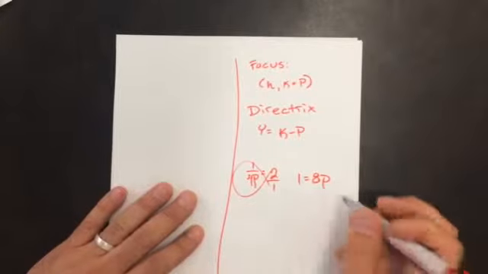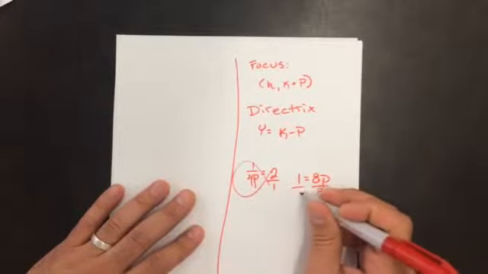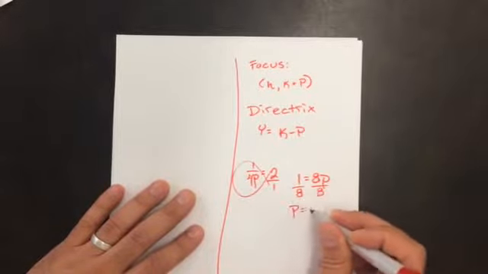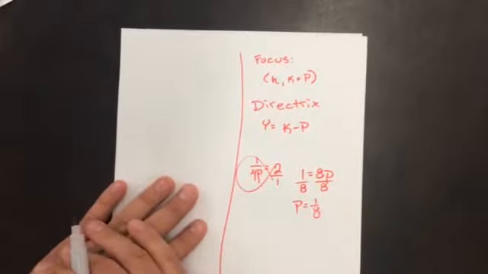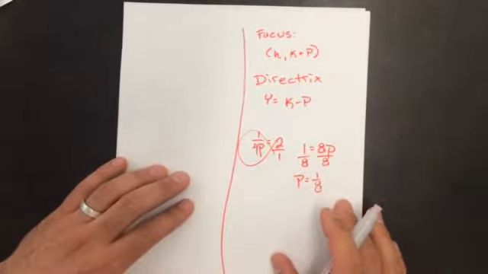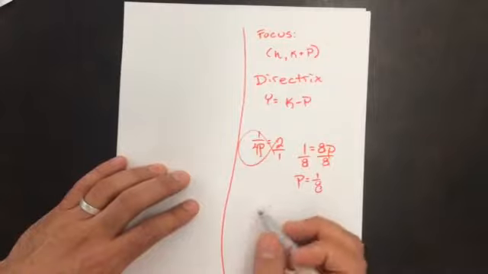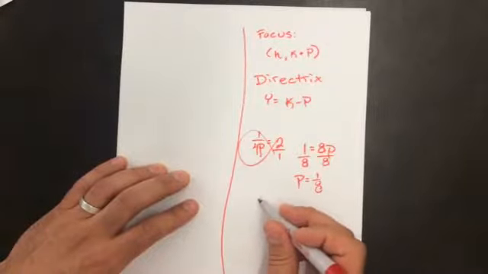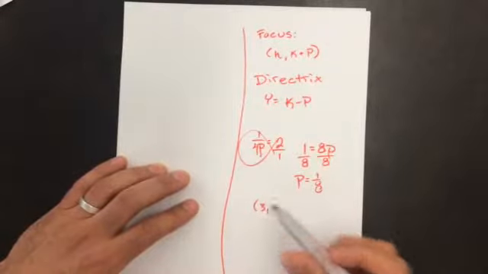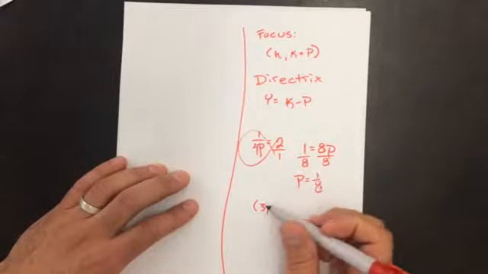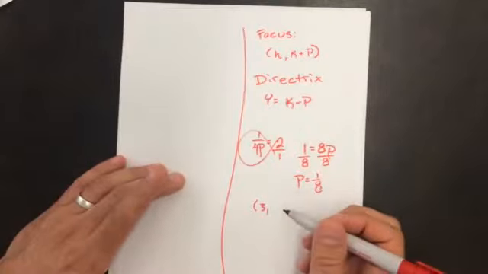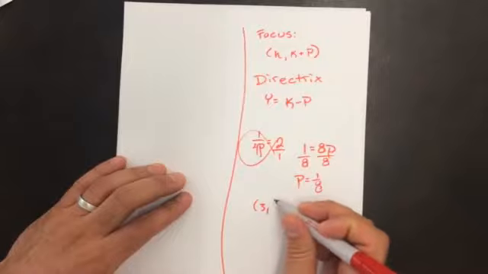Now I can figure out what p is by dividing by 8, and p equals 1/8. So the focus, for the example where I had a vertex of 3, 4, is going to be 3, 4 plus 1/8. 4 as eighths is 32 eighths, so 33 eighths.